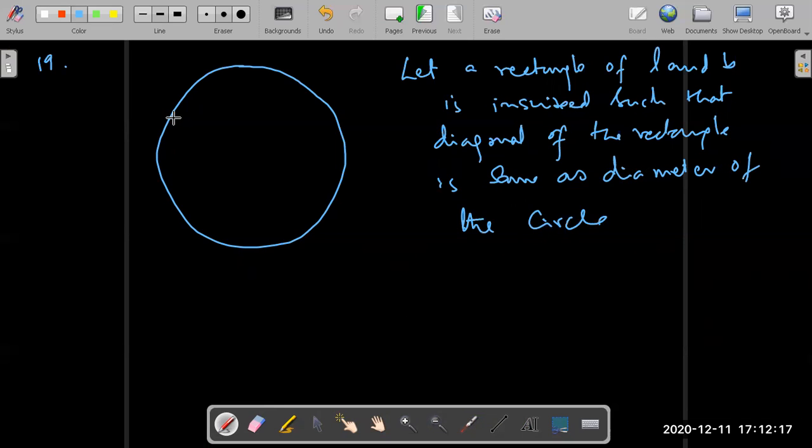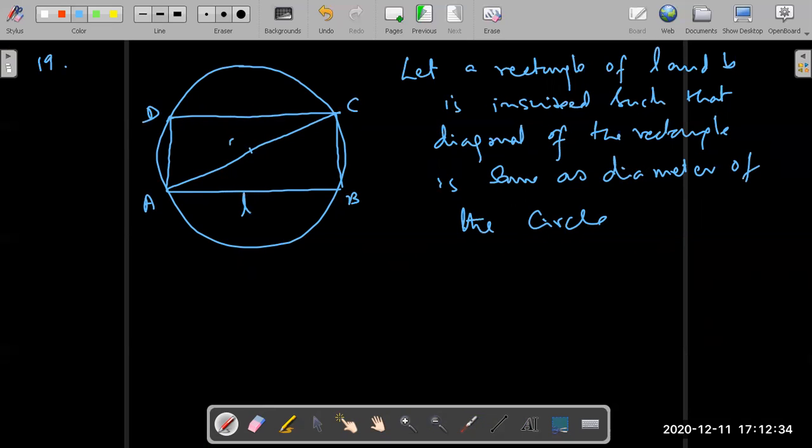So we have this, this is L, this is A, this is the diameter, this is B. AC is equal to D, it is fixed and constant.